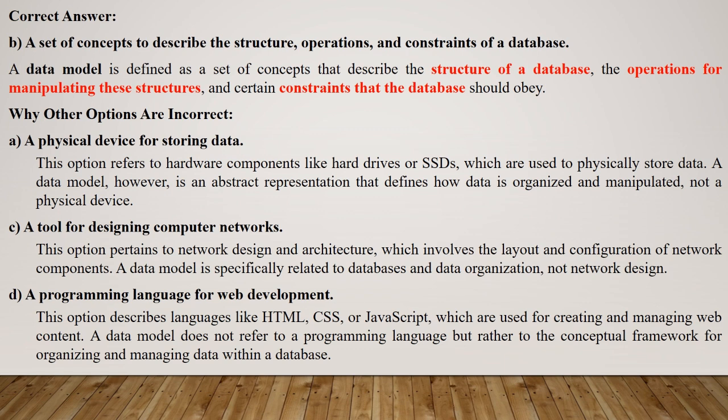This option describes languages like HTML, CSS, or JavaScript, which are used for creating and managing web content. A data model does not refer to a programming language, but rather a conceptual framework for organizing and managing data within a database.